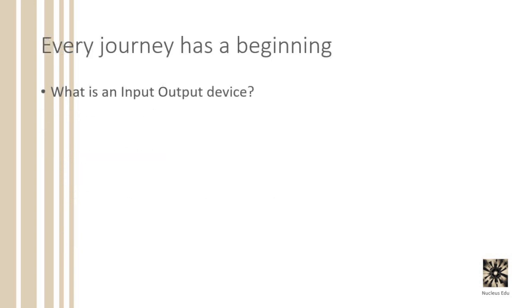So as I mentioned, what is an input-output device, right? And as I described, there's a direction involved in this description, and when there's direction involved, there's always a need to establish perspective when you define something.